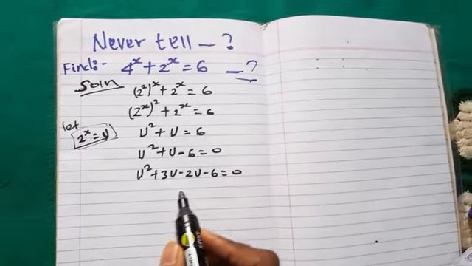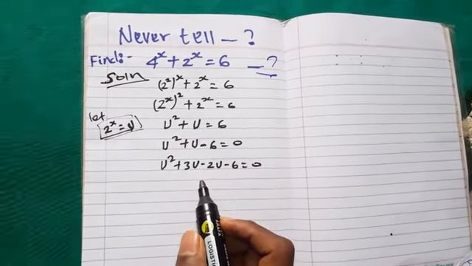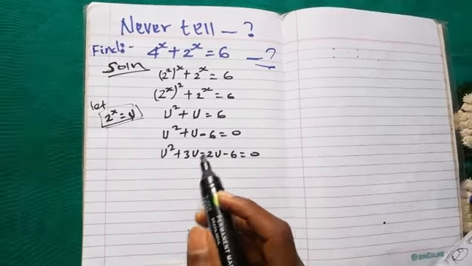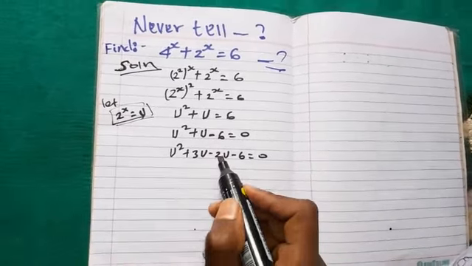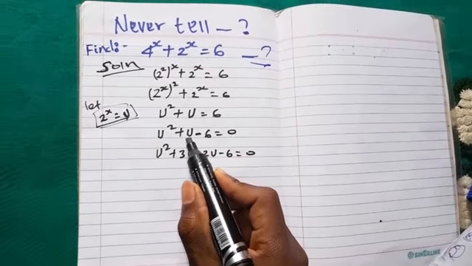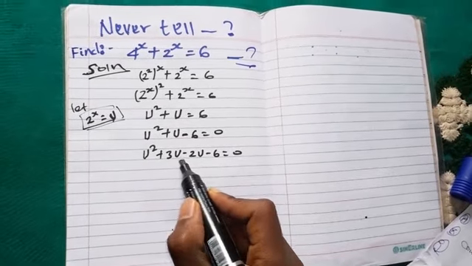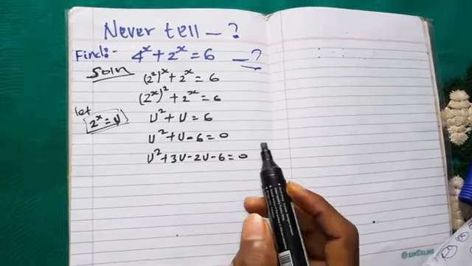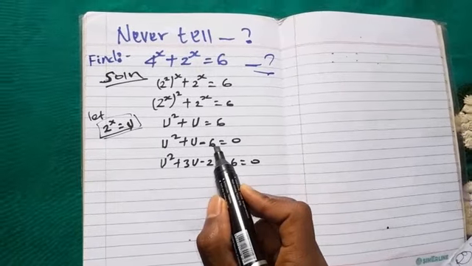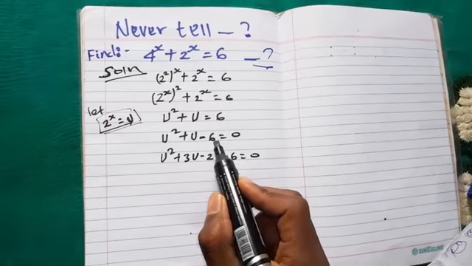Don't be confused about where 3u minus 2u comes from. By the product rule, 3u minus 2u means u, and 3 times 2 means 6.